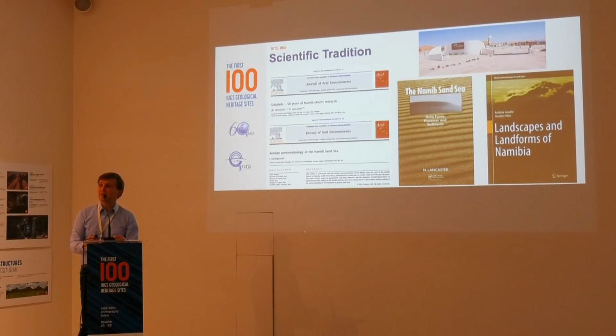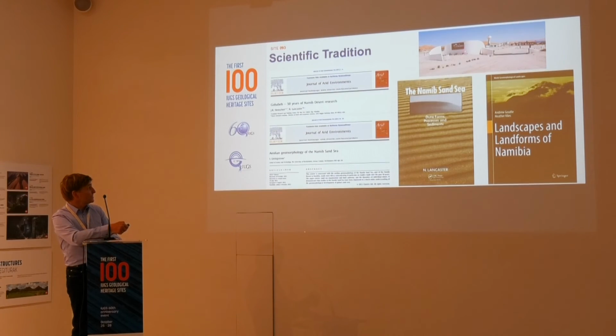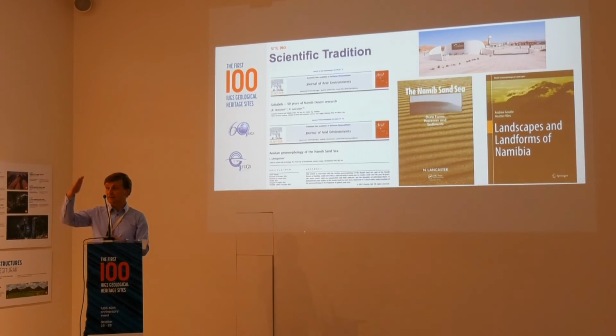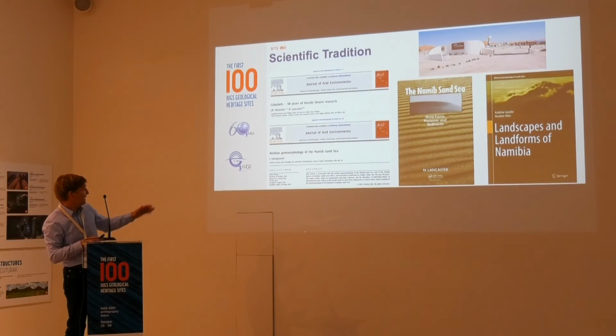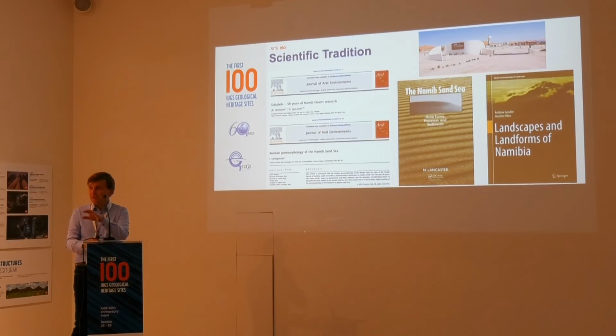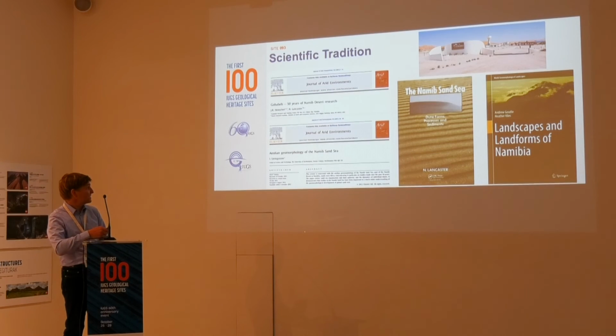But since that time, it's very intensively researched, and most of this research is based on the Desert Research Station in Gobabeb, which is very conveniently located right at the margin of the Namib Sand Sea and the gravel plains, and there are plenty of publications helping us to understand the Namib Sand Sea, including some focused photographs like here.